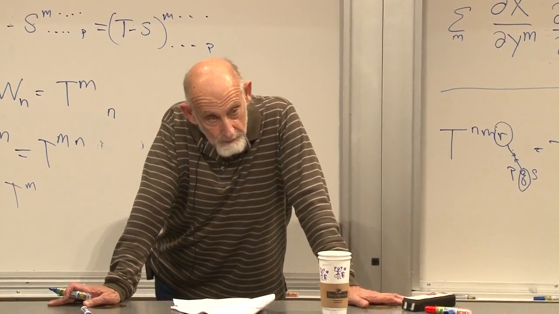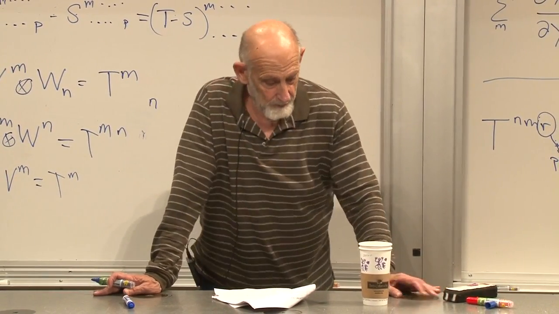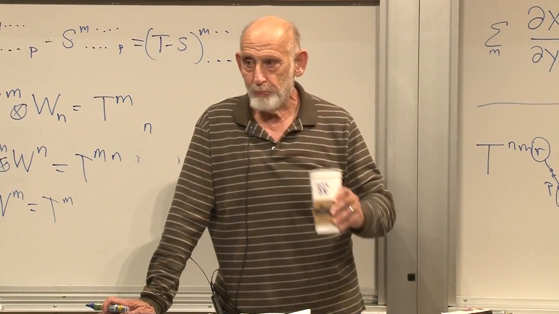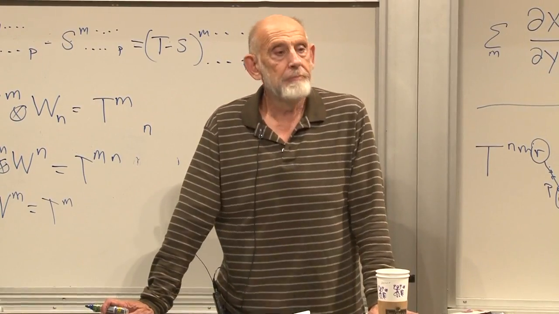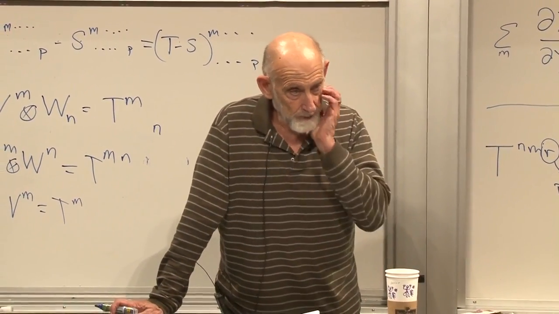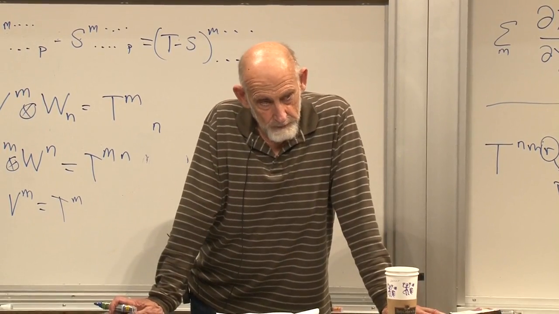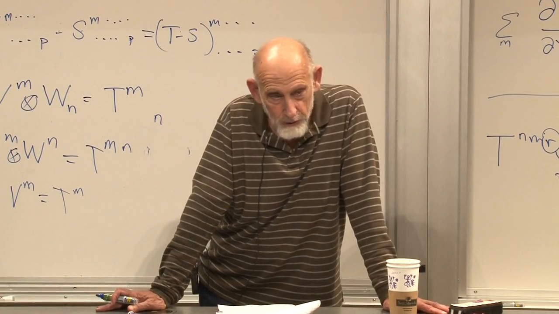Can I ask a question about something that came a while ago? When you mentioned what you said about making the components all 0 and pushing everything to one side of the equation, when you can do that, therefore you can write the same equation in any frame. 0 is the same as 0 in any frame, yeah.